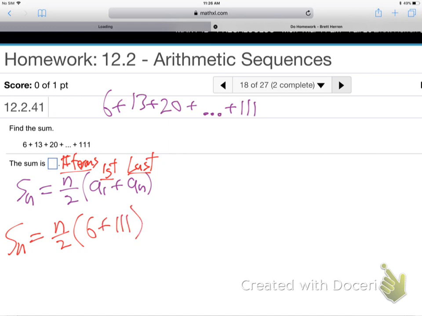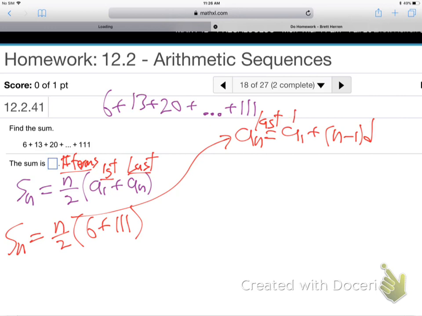So to find the n, got to go over here, use the A sub n formula, right? So plug in. A sub n again means last. Remember, whenever you see A sub n, it's last. A1 is first. And so last term, 111, is A1 first term.